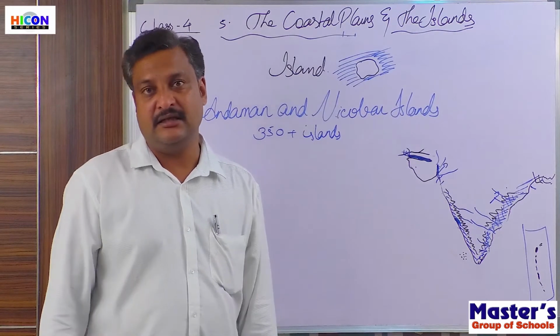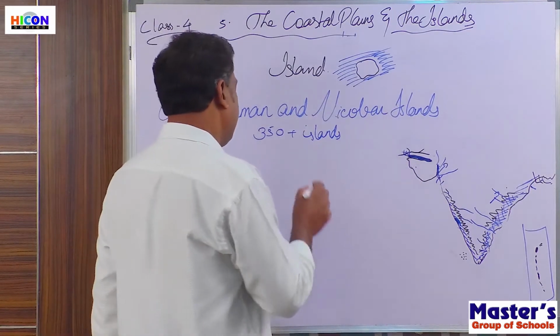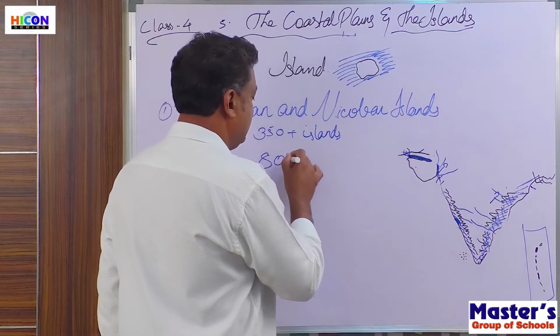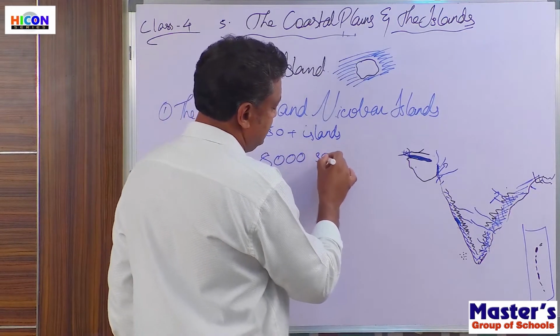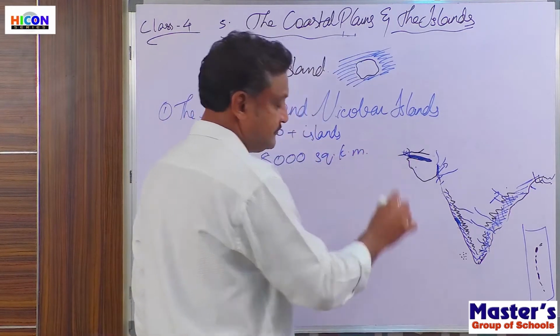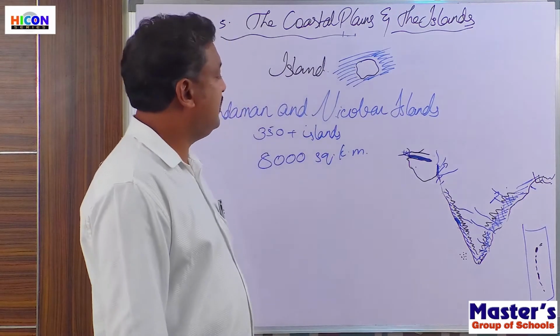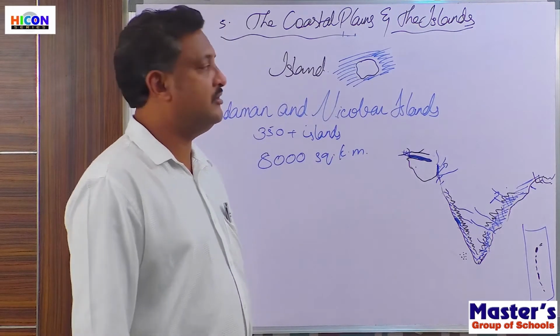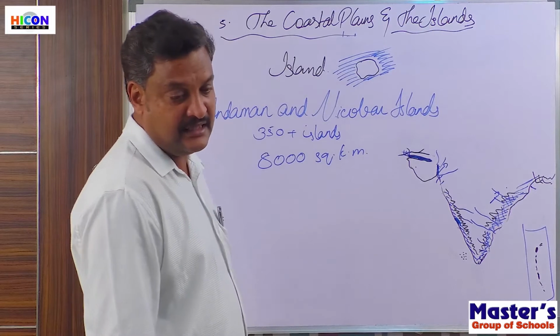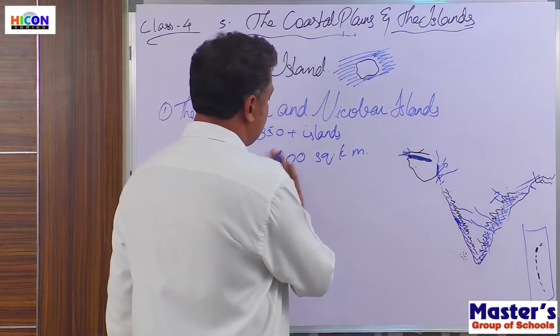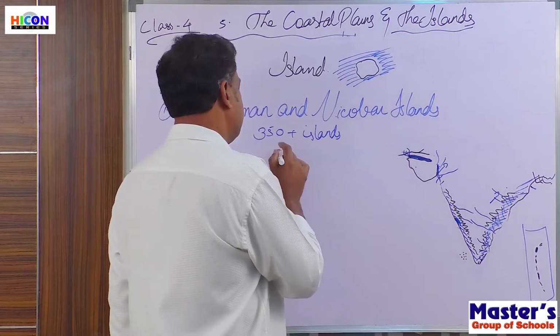And this is in an area of around 8,000 square kilometers. Andaman and Nicobar Islands are a group of around 350 islands, out of which hardly 24 are inhabited.